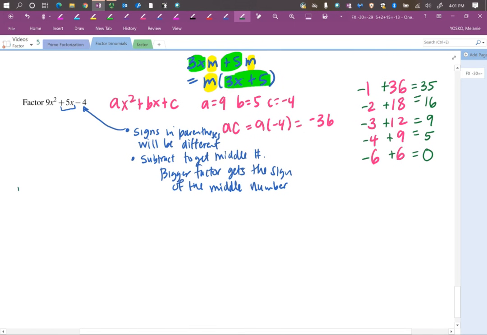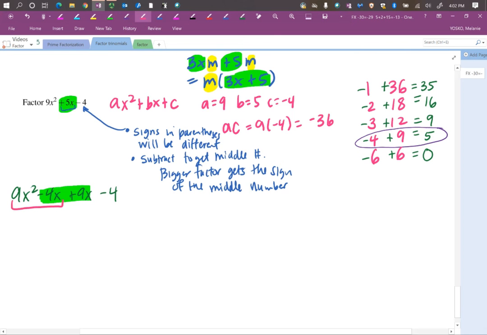So we're going to have 9x squared, and we have a plus 5x. So this combines to get 5. So 9x squared minus 4x plus 9x minus 4 is how we're going to factor this. We replace this positive 5x with negative 4x plus 9x.